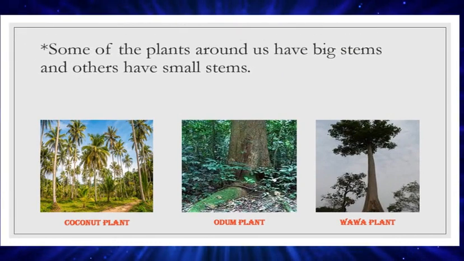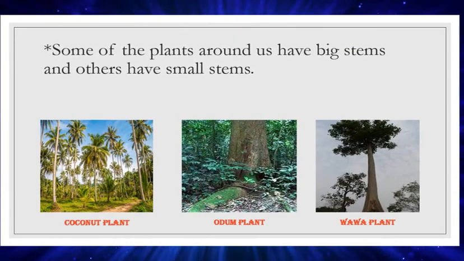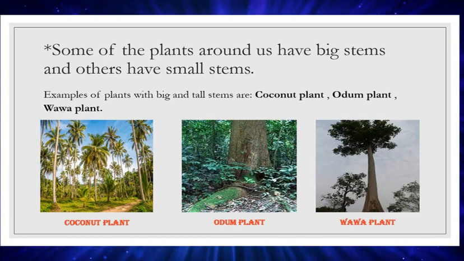Now, some of the plants around us have big stems and others have small stems. Examples of plants with big and tall stems are the coconut plant, odum plant, and wawa plant.